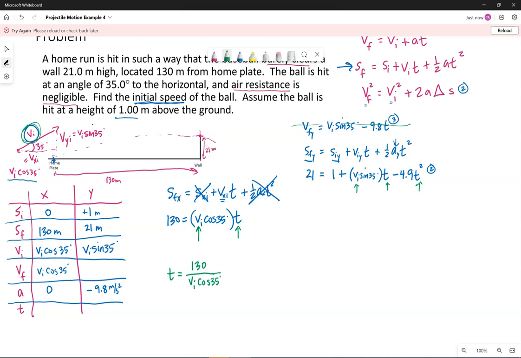I can't find a numerical value at the moment because I do not know V initial. But I know the time is the same. So I'm going to bring the 1 over. I'll have 20 equals V initial sine 35. In place of time, I have 130 over V initial cosine 35 from the x direction. And then I need to put it in for time again, and this one needs to be squared.